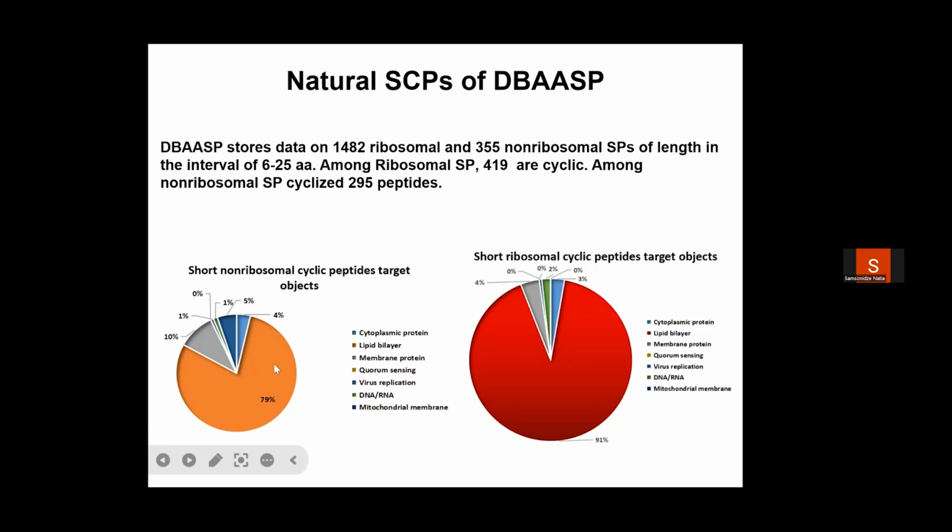As we see here, for short non-ribosomal cyclic peptides, the most targetable objects are lipid bilayer, membrane protein, and mitochondrial membrane. And for short ribosomal cyclic peptides, the most targetable objects are lipid bilayer, membrane protein, and cytoplasmic protein.